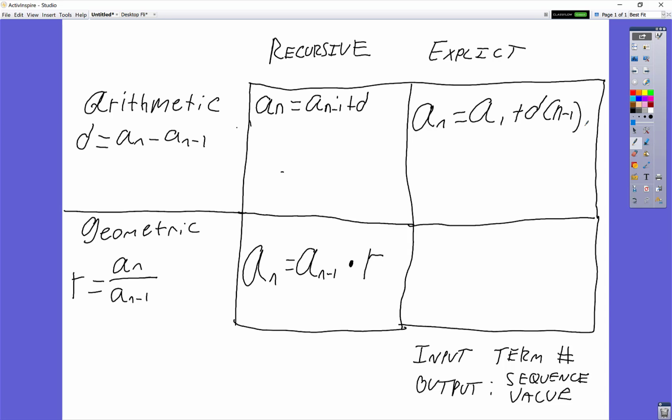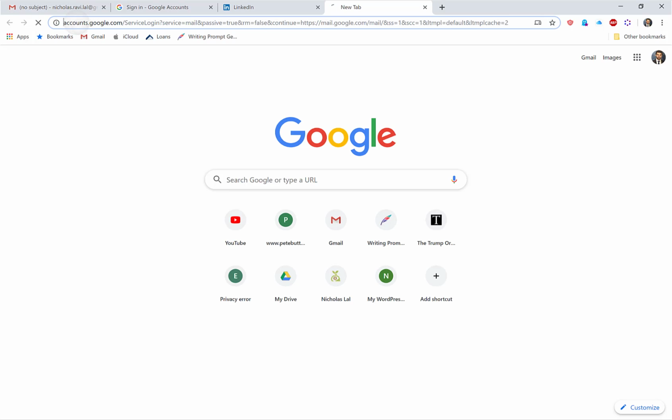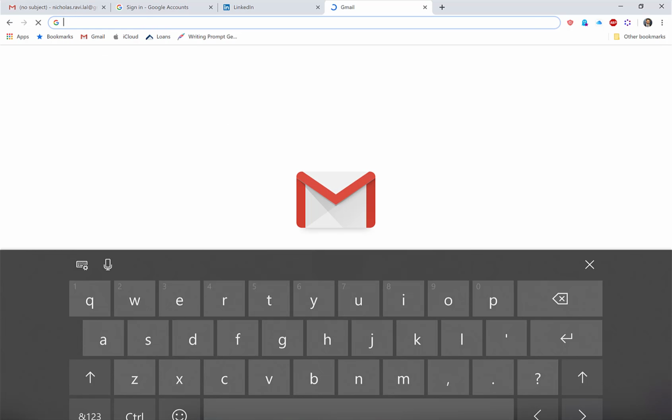And for geometric, it's going to be an is going to be, and let's be absolutely certain.